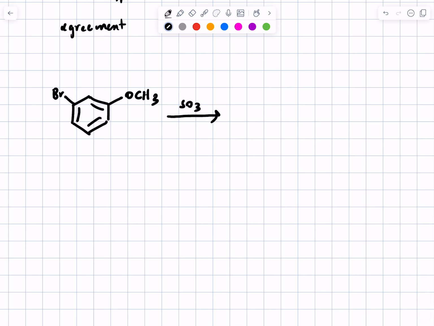We'll do the sulfonation reaction. This installs a sulfonic acid. Here you've got two donating groups. Both of them are electron donating groups by resonance. We'll just color them differently so we can examine their regioselective preferences differently. The methoxy group is an ortho and para director, so is the bromo group. Here are the ortho and para positions relative to methoxy. Oh, that's boring. Boring is fine.